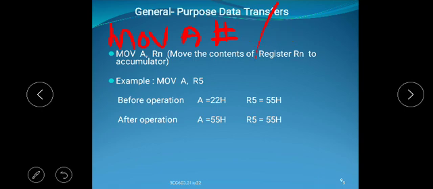After the operation A is equal to 55H and R5 is equal to 55H. This is the simple general transfer instruction.